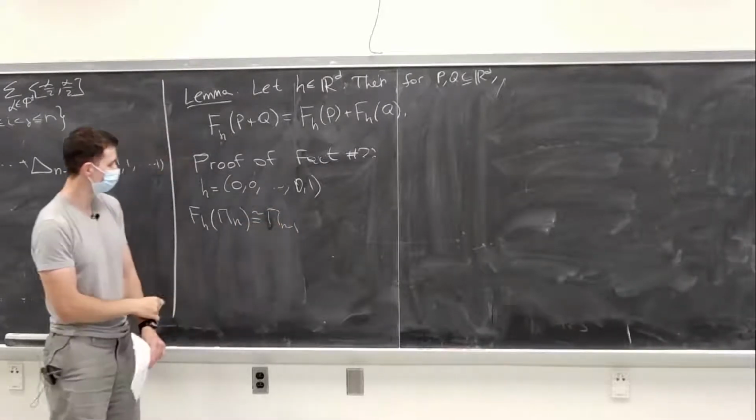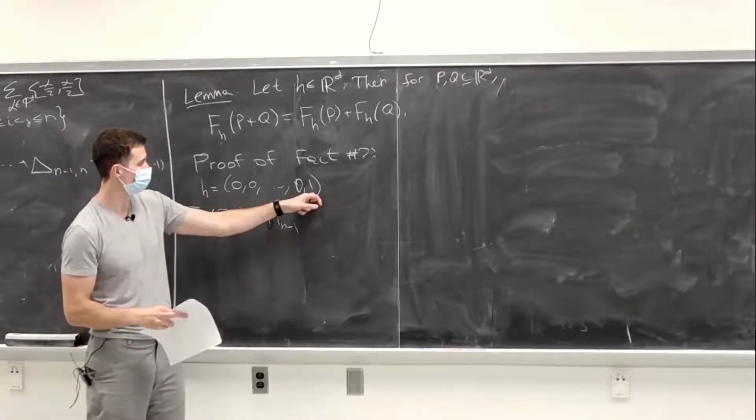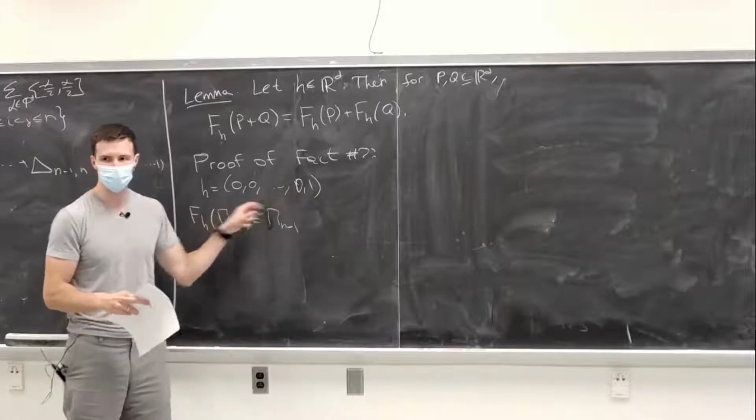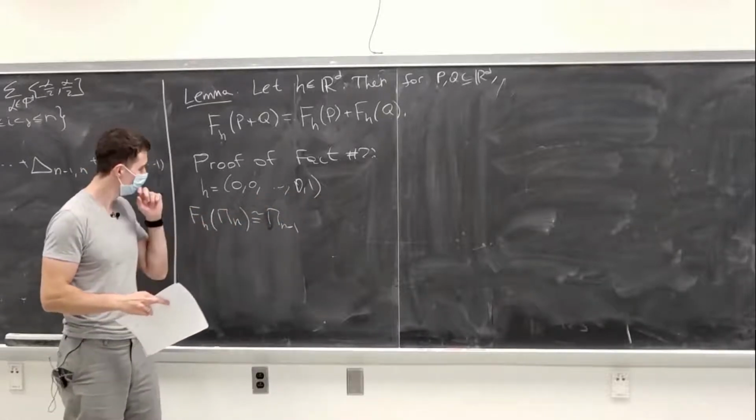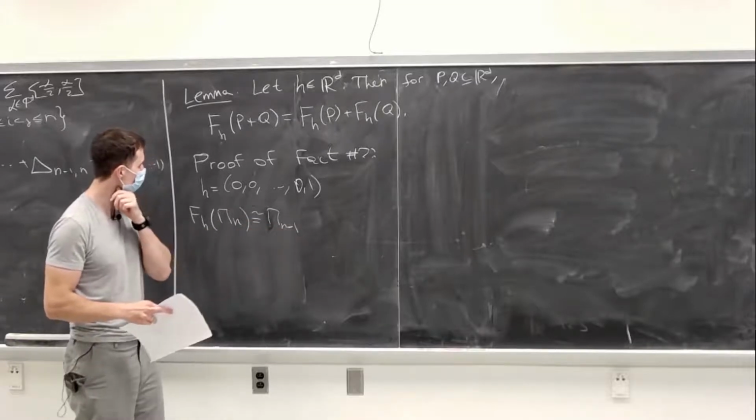Okay, interesting. Right, because if we just want to maximize the product with h, then the last coordinate should be maximal, and then the rest can be anything. So it's sort of affinely isomorphic to the n-1 permutohedron.